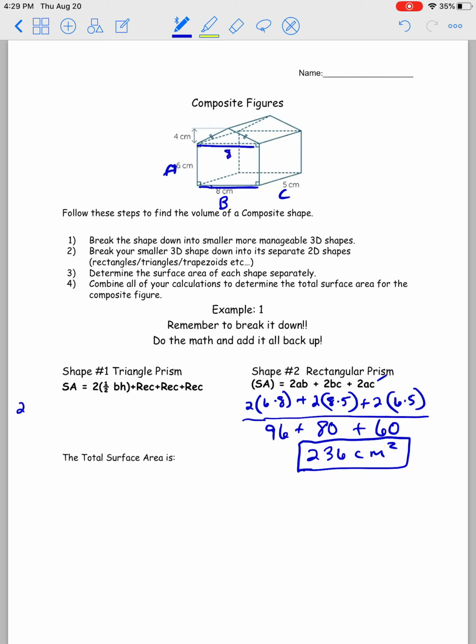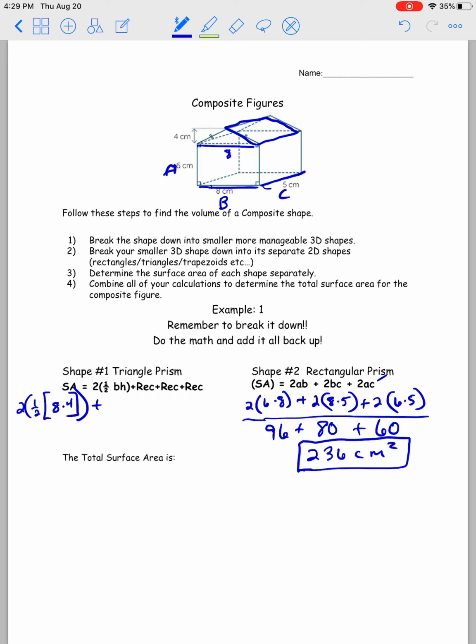Base times height. So 2 times 1/2 times, excuse me, 8 times 4. Okay? And then plus, here's a rectangle here. And it's going to be the same as this. That's 5.